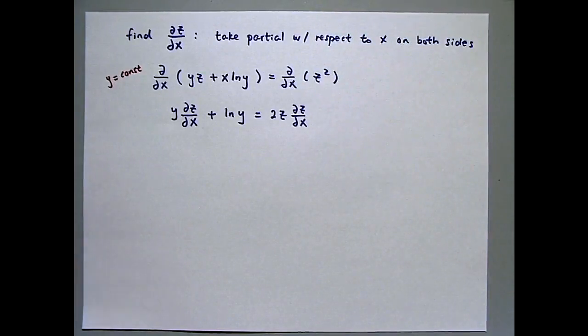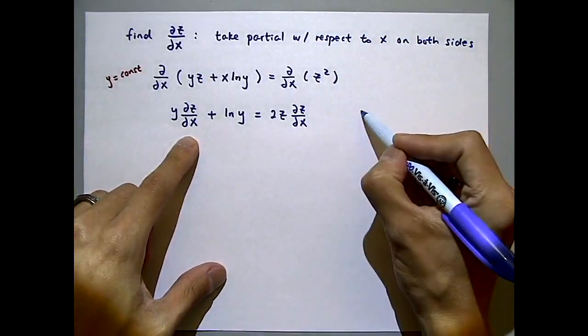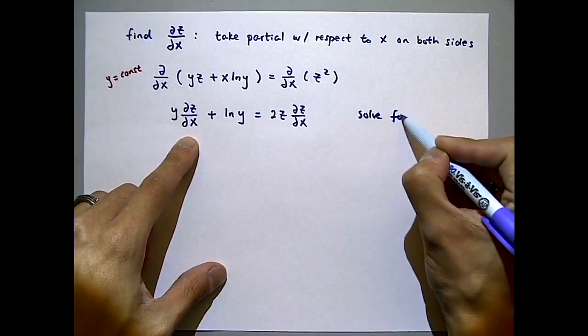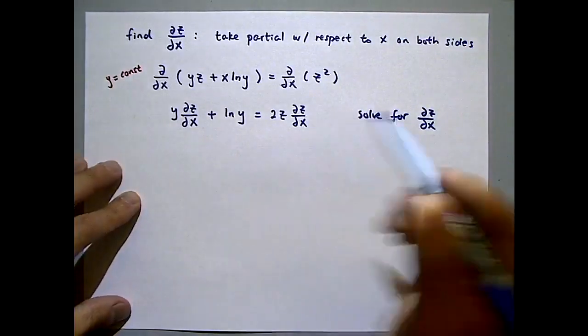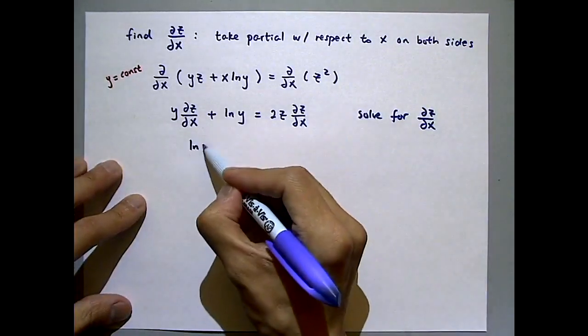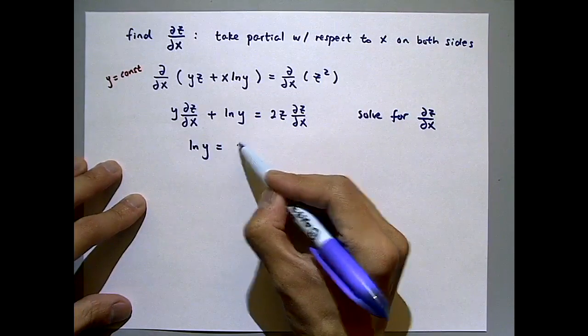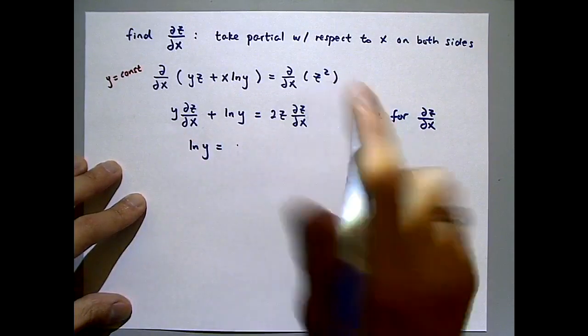All right, now we find this guy right here. Solve for partial z, partial x. Very simple. Natural log of y is equal to, let me subtract this over here.